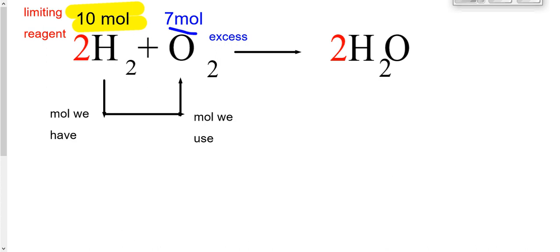This time we're going to say, because we know all 10 moles of hydrogen gets used up, we're going to go from the moles we actually have of hydrogen, which we remember to label on the corner of the line, and we're going to use our stoichiometry to figure out how many moles of oxygen we actually will use.